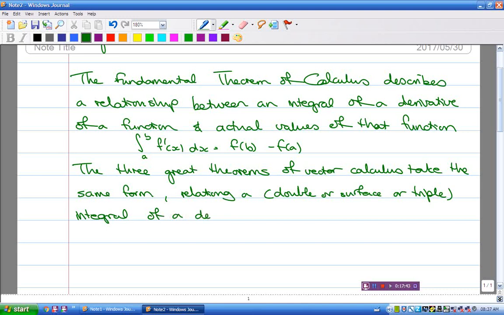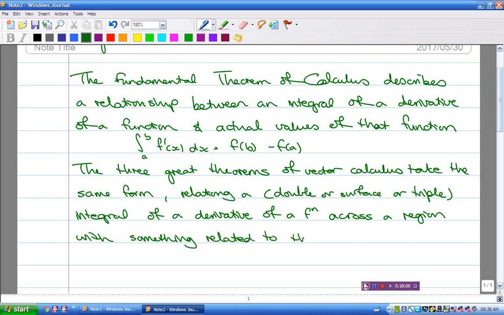I'm basically trying to write this sentence so that it kind of looks like the previous sentence, if you can see what I'm doing there. Of a derivative of a function across a region with something related to the value of that function at the edges, the boundary of the region.